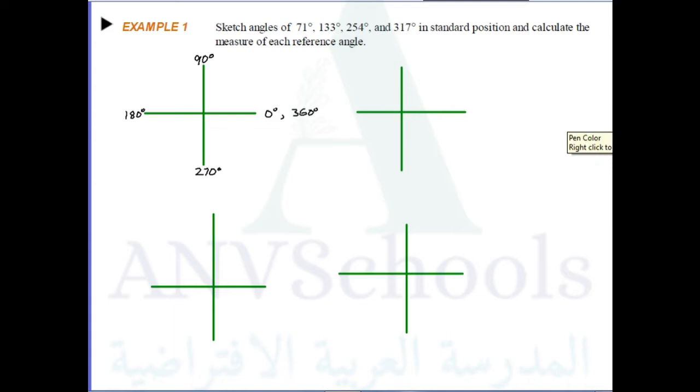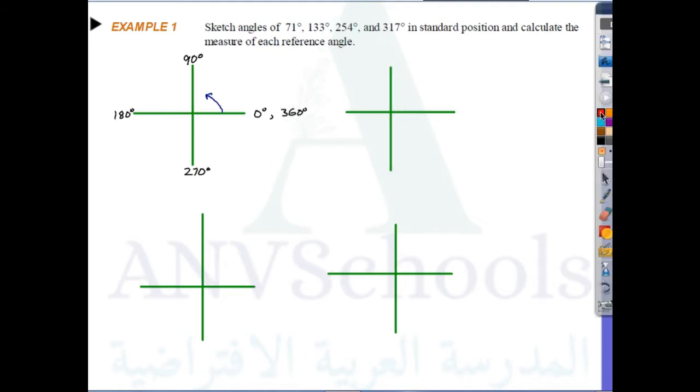So a 71-degree angle is in between 0 and 90 degrees. So meaning that the angle is somewhere here. So let us draw the angle. So it's here.